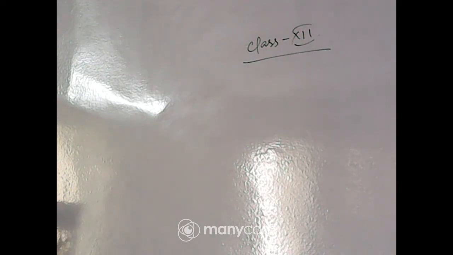According to the latest pattern, surface chemistry has a 1 mark question, question number 11, and a 3 mark question, question number 29 in section C. So the total for surface chemistry is 4 marks.